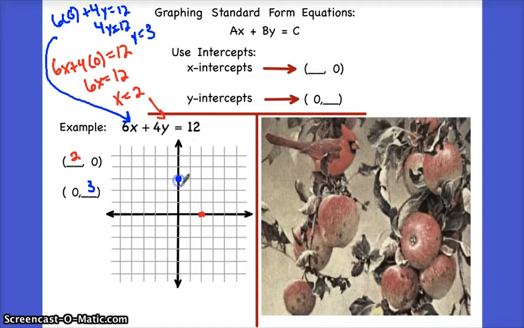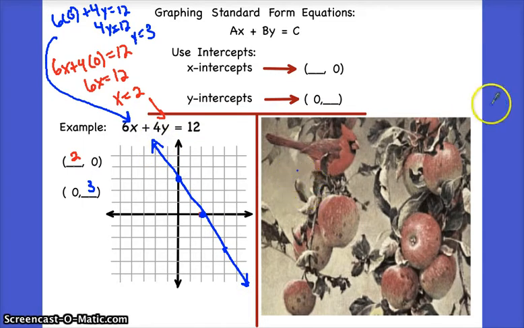Now that doesn't give us as many points as a nice slope would, but if I follow the pattern, notice I've gone down 3, right 2. I can just continue to do that, and I can make myself a nice pattern. Or if I go up 3 and left 2. Again, now I've got lots of points to try to draw as straight a line as possible through.